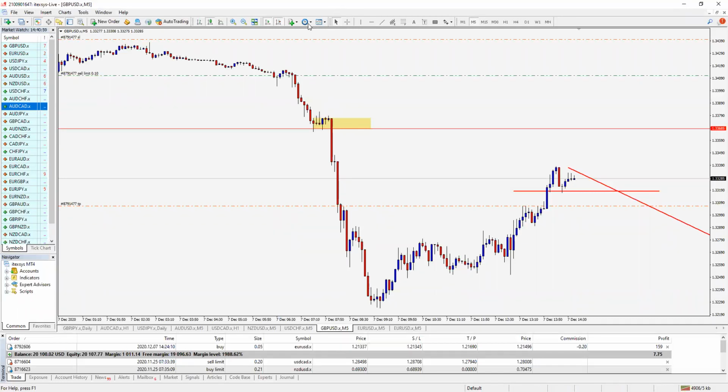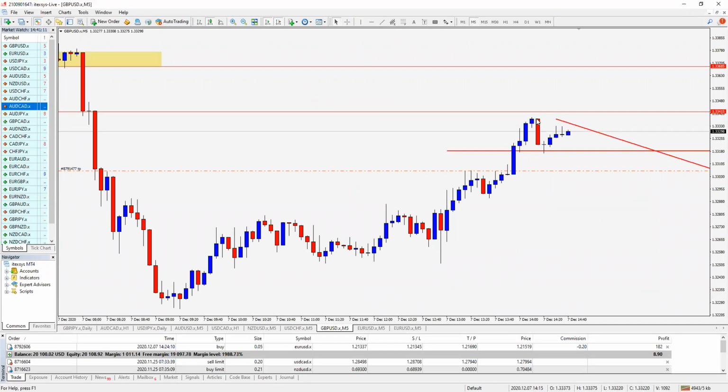Okay, pound. Look at this pound dollar. So we are right at those levels right there, and you can see after this movement down, how price is struggling to go up.